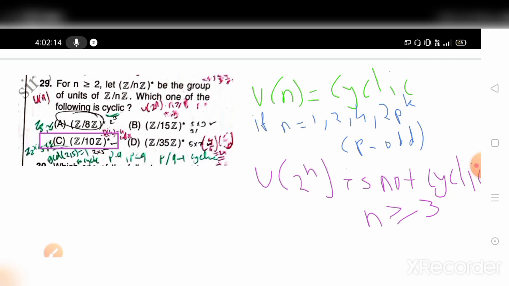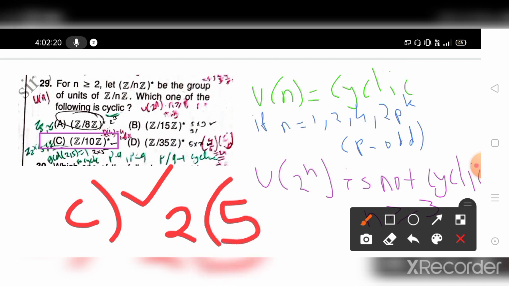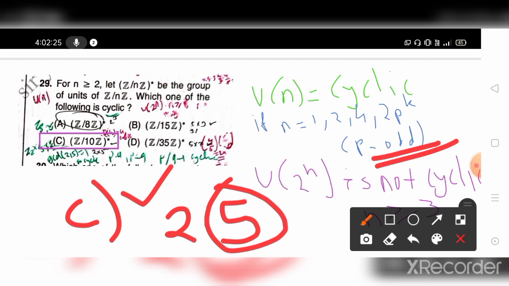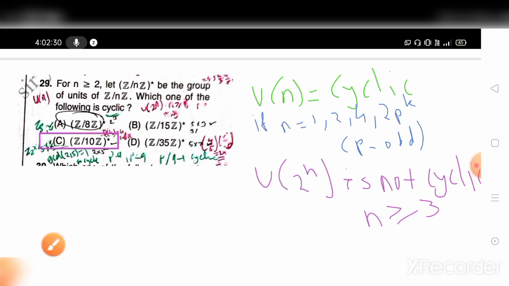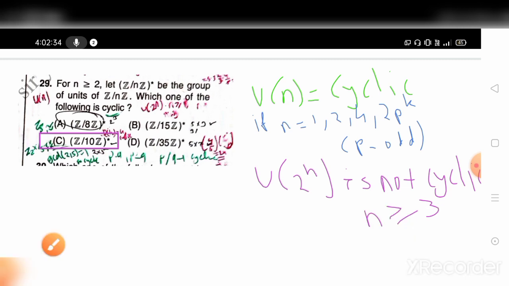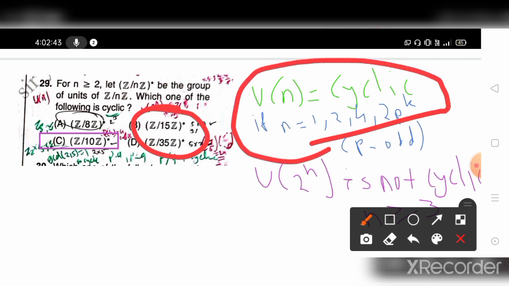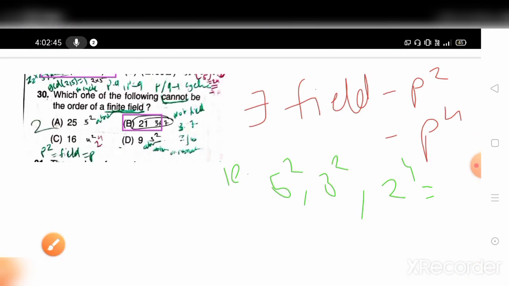Only option C is correct, because 2 times 5, and here 5 is an odd prime. So option C is correct. In option A, 2 raised to n is not cyclic for n greater than or equal to 3, so option A is discarded. Option C is correct.